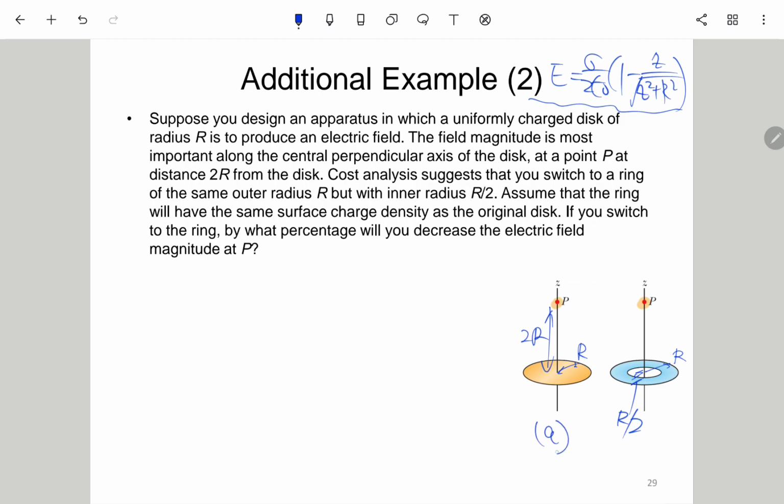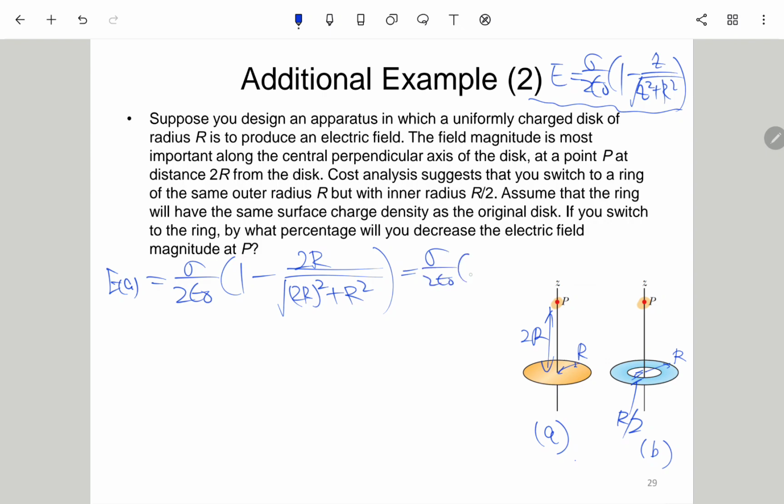We assume this is A, this is B. For EA, it will be sigma over 2 epsilon naught times 1 minus z over the square root of z squared plus R squared. For this case, z is 2R, so we have 2R over the square root of (2R) squared plus R squared.